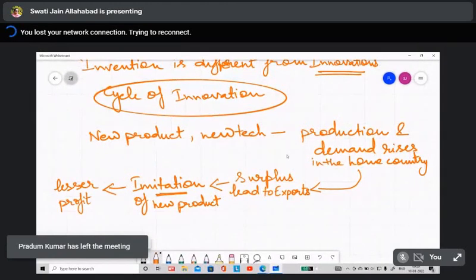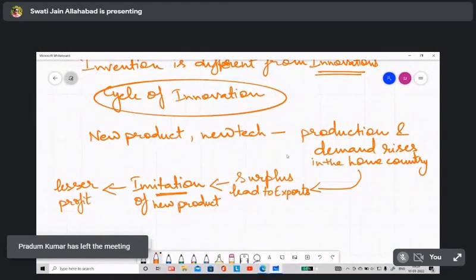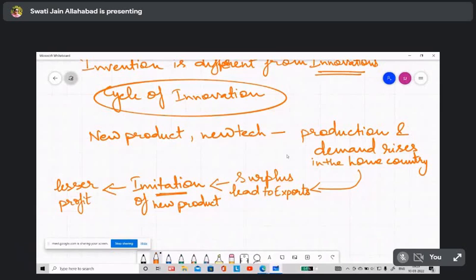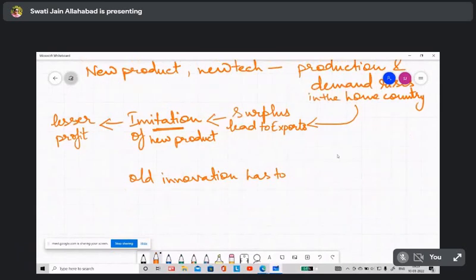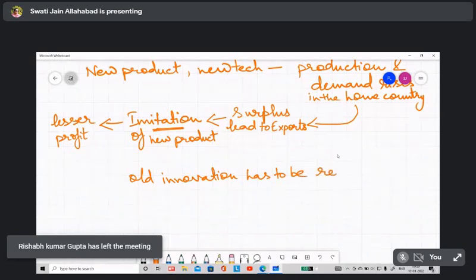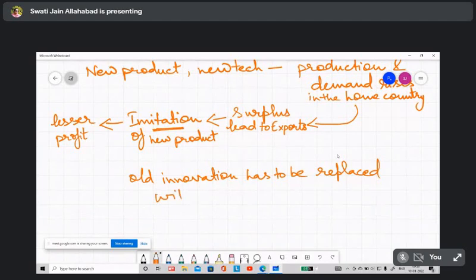It becomes common for everyone. Replaced by new technology. Old innovation has to be replaced with new innovation.